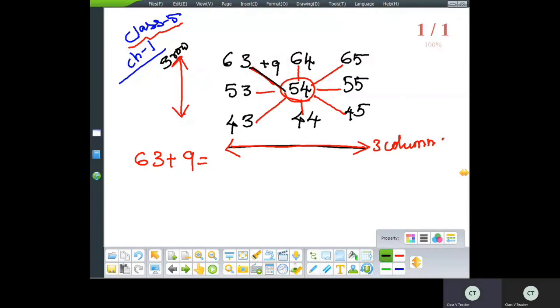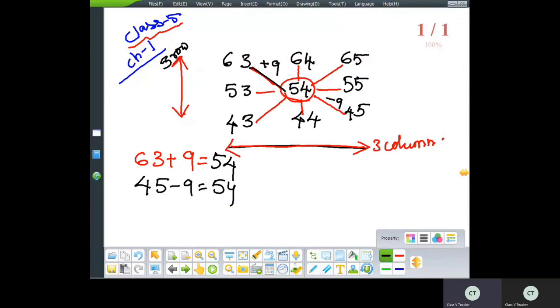So what am I getting here? 54. So if I go on in the same way, if I reverse this one. Yes, what is there on the other side here? 45 minus 9. What will I get? 54. Yes or no? So 45 minus 9, I'll get 54.